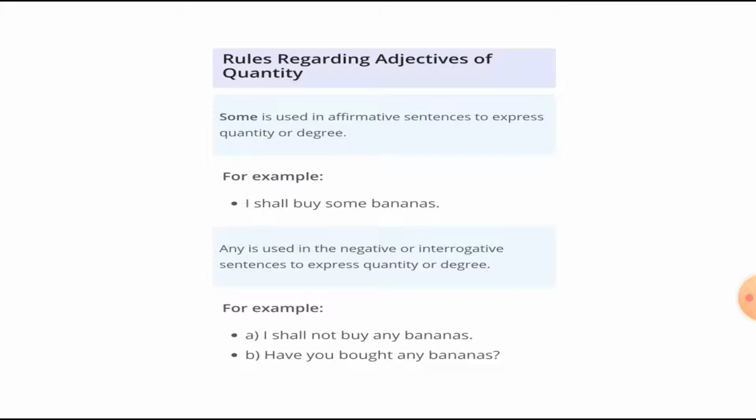And in the next two examples, we see that any is used in a sentence that carries not, that is negative, and in the third sentence, when there is a question mark at the end of the sentence, it shows that it is an interrogative sentence, and we use any to use it correctly.